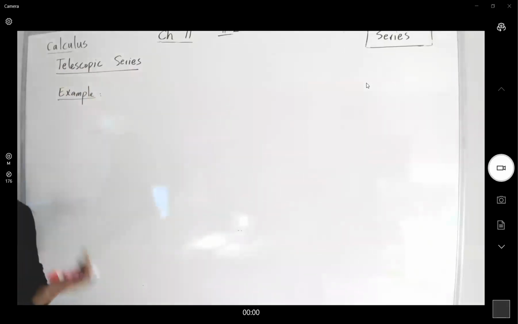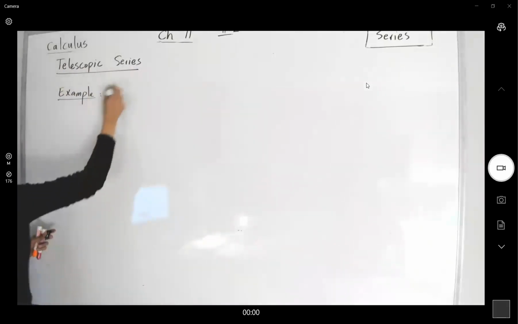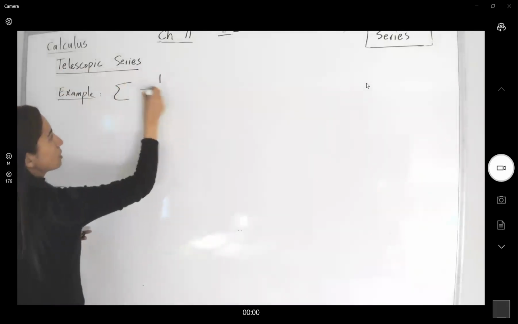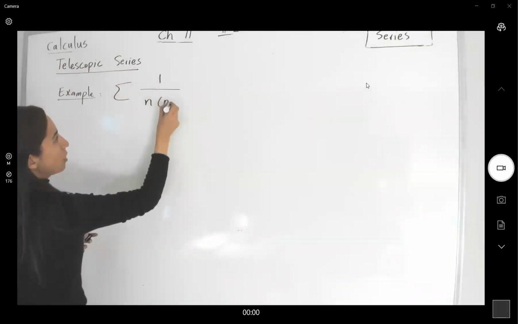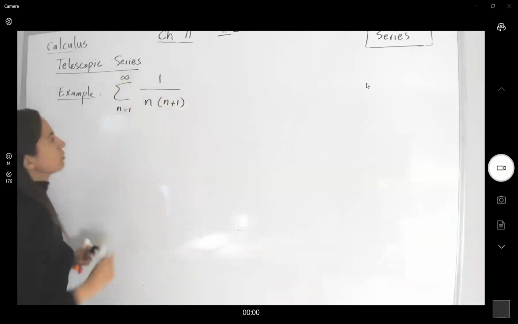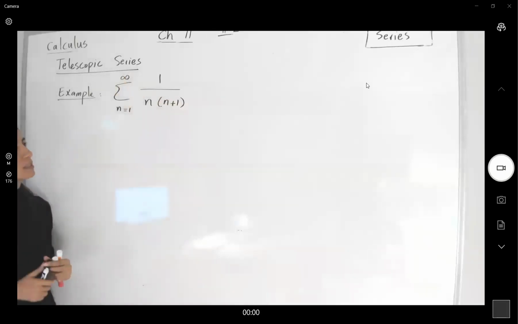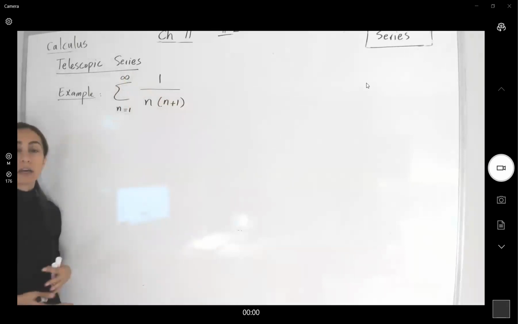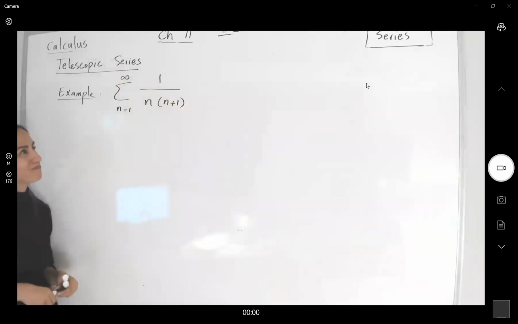Suppose you have a question about these types of series. The series 1 divided by n times n plus 1, starting from 1 and going to infinity. The question is: is this series convergent or divergent? If it's a convergent series, what is the sum?